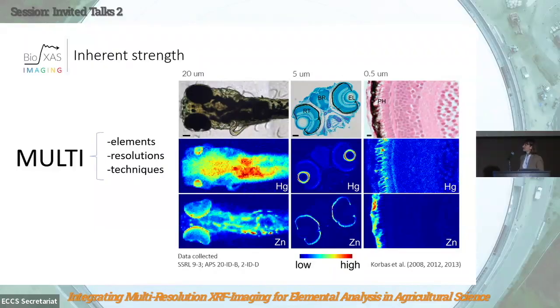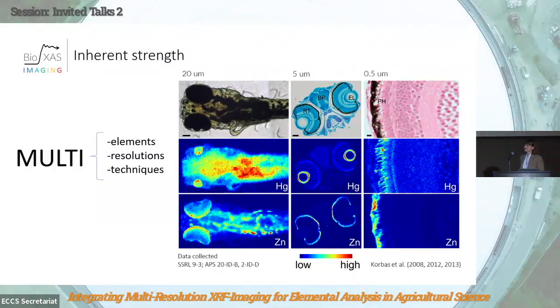So this multi-scale approach identified an important question: where methyl mercury is accumulated, namely the eye sensory organ. It was also proposed that visual disruption due to exposure to high concentrations of methyl mercury could arise from direct damage of the photoreceptors in the retina.